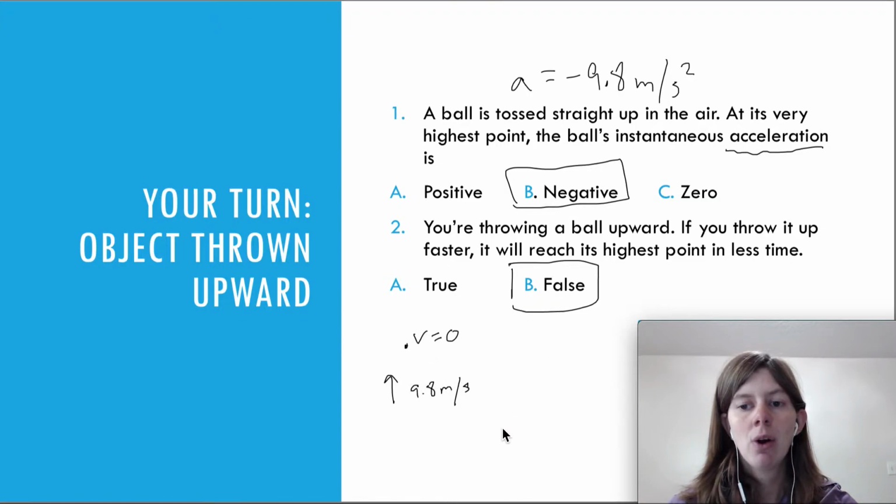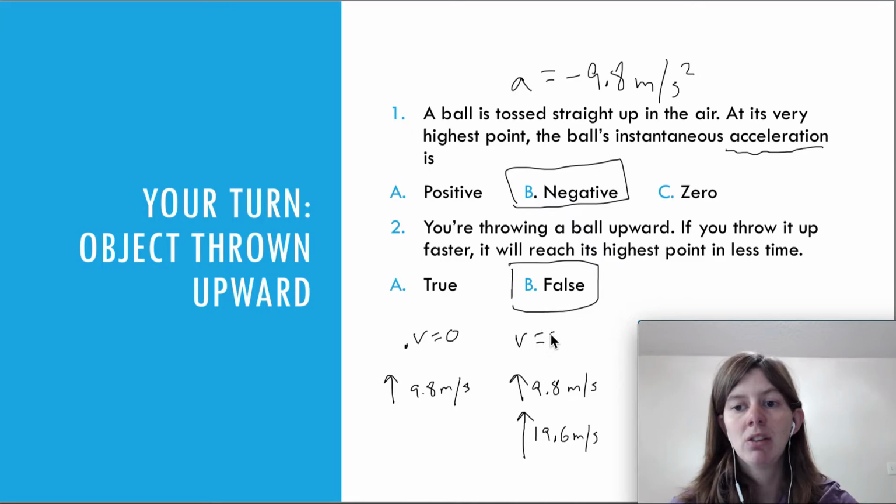But now, what if you throw the ball up at 19.6 meters per second? Well, 1 second later, how fast are you going to go? Your speed is going to reduce by 9.8 meters per second. 1 second later, you're going to be moving at 9.8 meters per second. And then a second later, you're going to be stopped. You're going to lose another 9.8 meters per second.